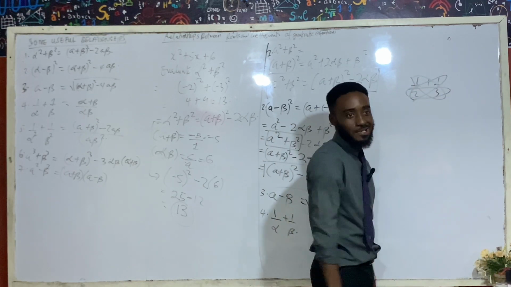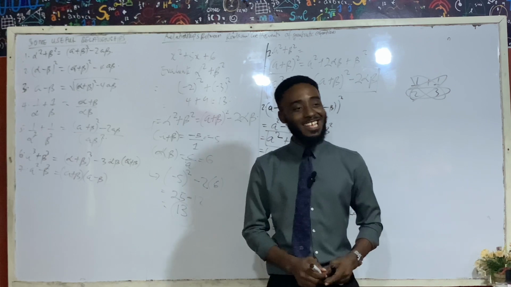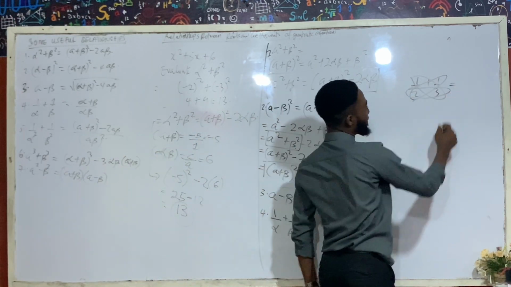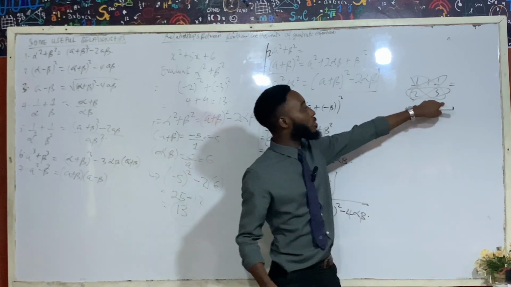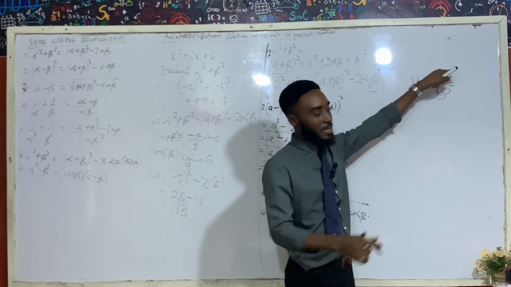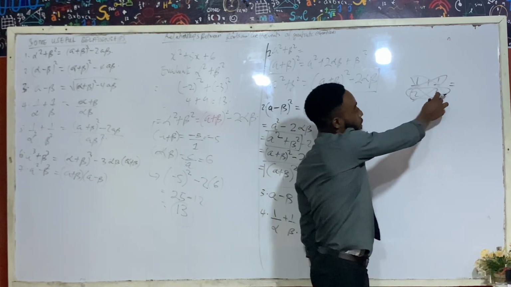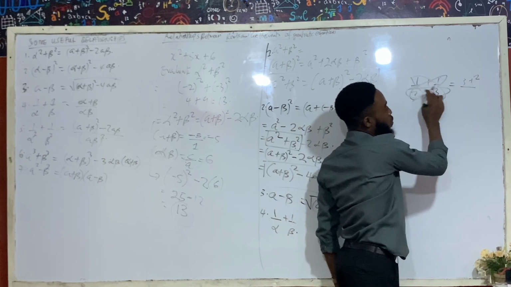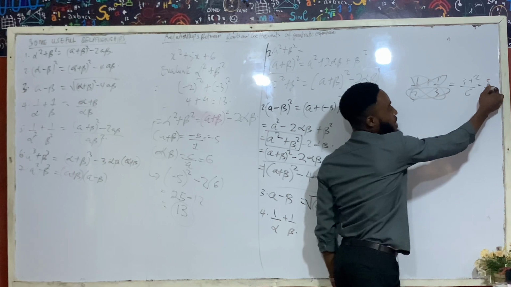Do you remember this? It's class 4. You cross like this, cross like that, and multiply this side. So 3 times 1 is 3, 2 times 1 is 2, 2 times 3 is 6. You get 5 over 6.